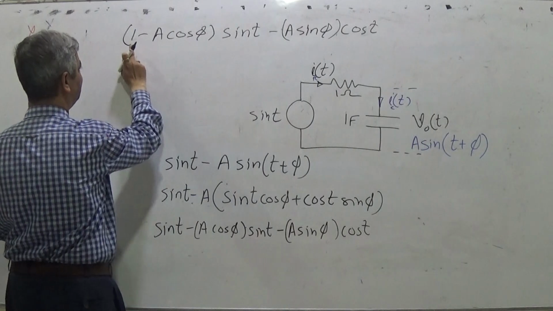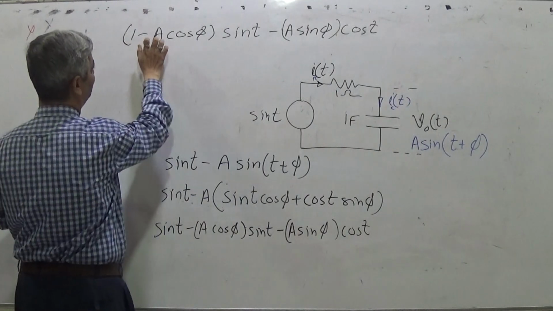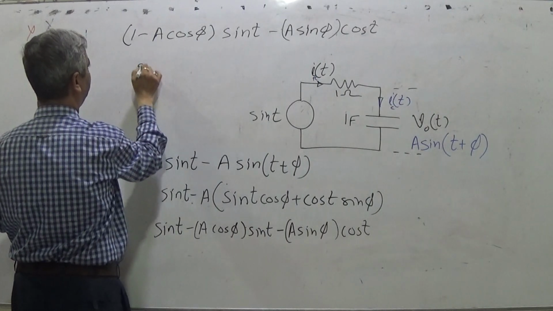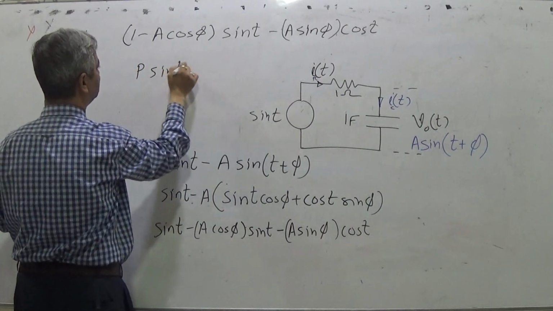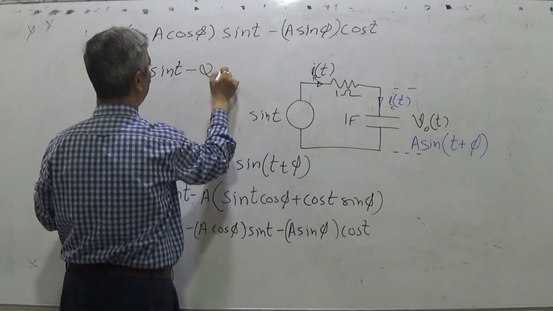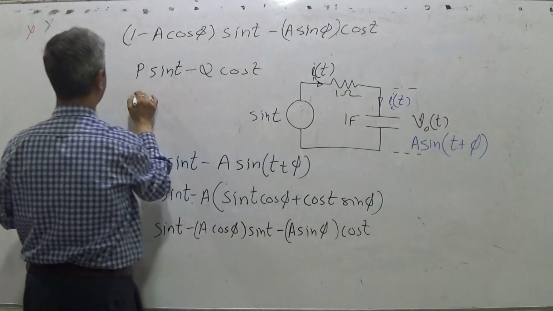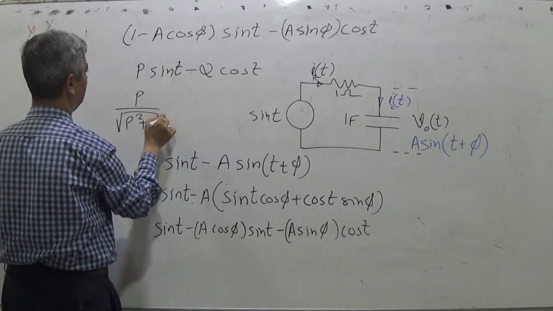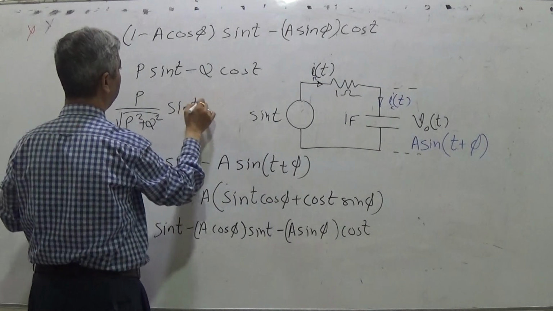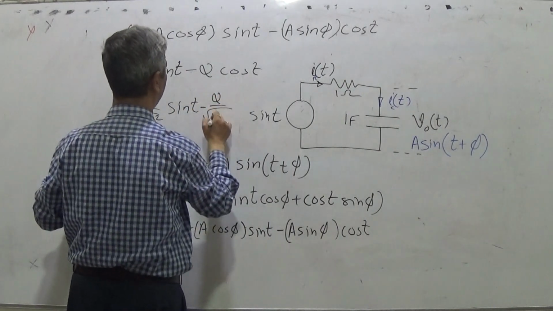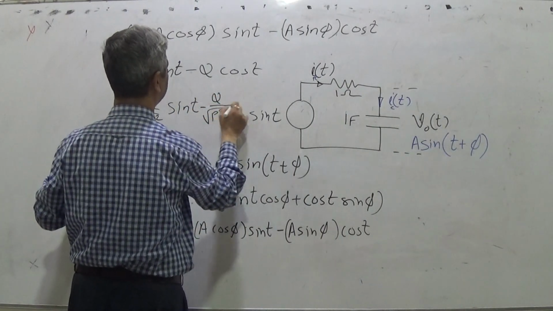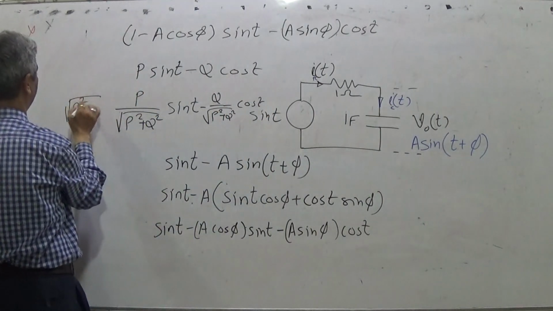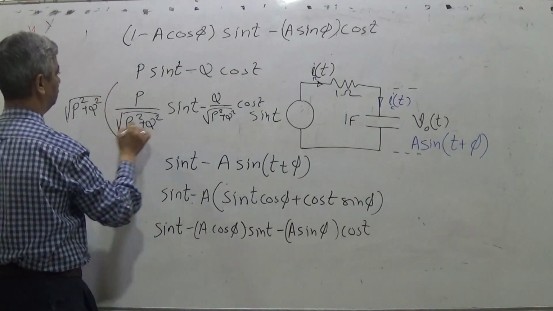It is somewhat quite longer. So this I can write as p sine t minus q cos t. Then I can write this as p upon under root p square plus q square sine t minus q upon under root p square plus q square cos t, whole multiplied by under root p square plus q square.